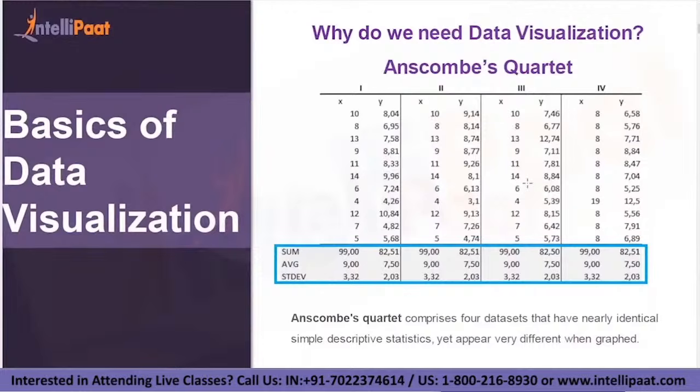So all the basic stats of these data sets are similar. If you just look at them with the naked eye, you will not find any difference between these data sets. You will basically comment, okay, these four data sets are the same, no need to worry, all the characteristics are the same.